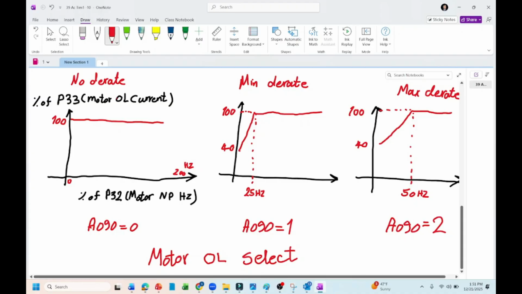If you take a look at the bigger picture, at lower frequencies it tries to decrease the motor overload current. The reason could be that whenever the motor is started, meaning at low frequency, it usually takes a lot of current.